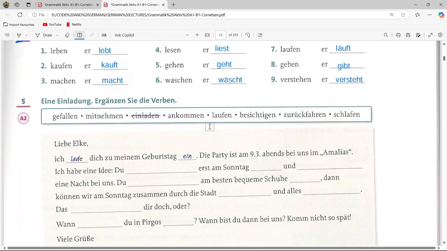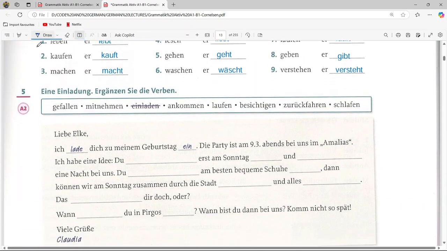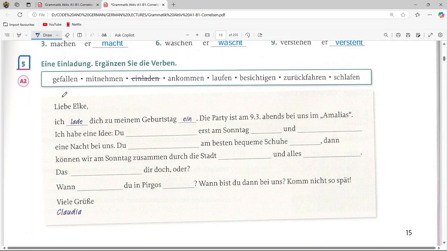Next one is task 5. Task 5 is A2 level. Okay, so it has trennbare verbs. What are trennbare verbs? Like nehmen. We know nehmen is to take, right?